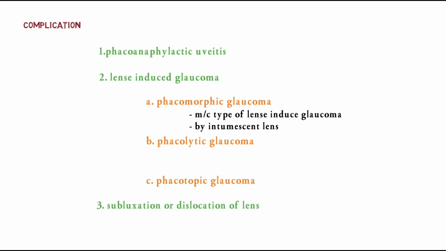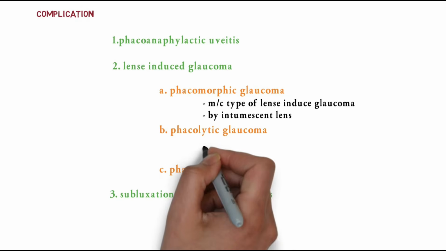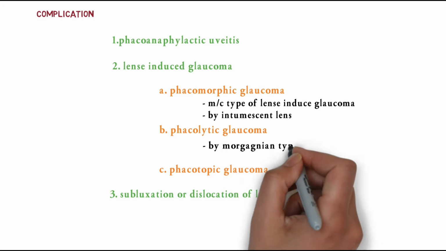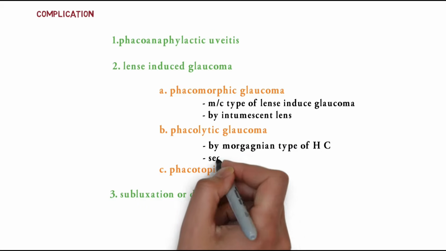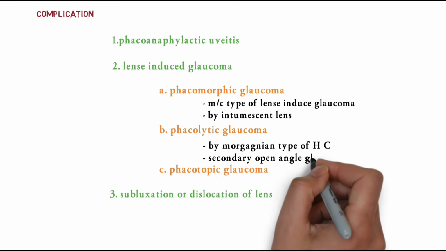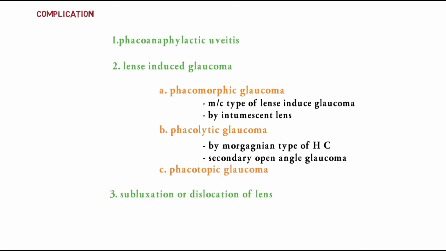The second one, phacolytic glaucoma, occurs with Morgagnian type of hypermature cataract and forms secondary open angle glaucoma, because the lens proteins leak into the anterior chamber, and swollen macrophages clog the trabecular meshwork, leading to an increase in intraocular pressure.